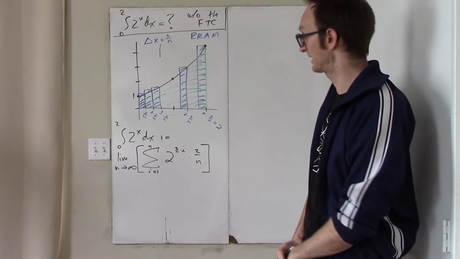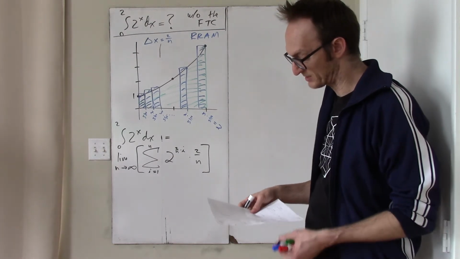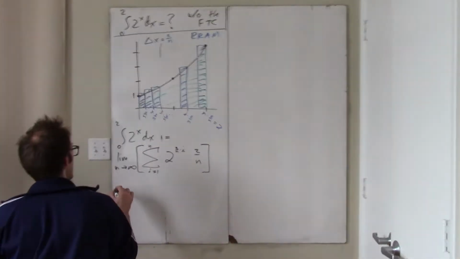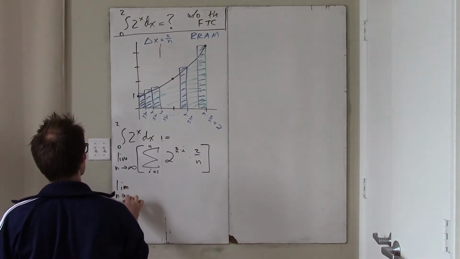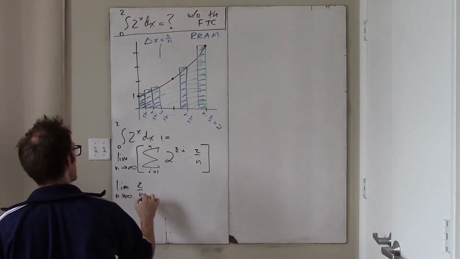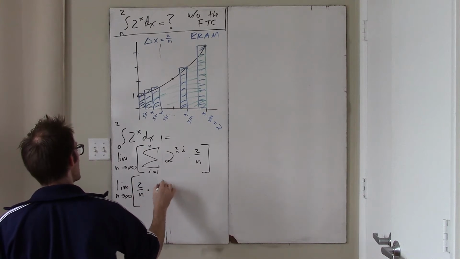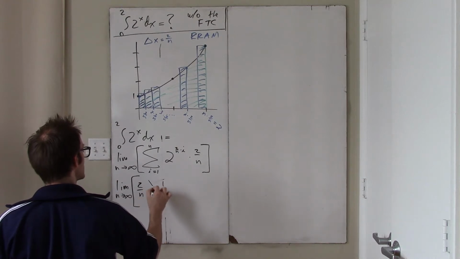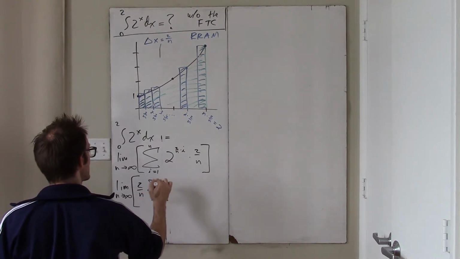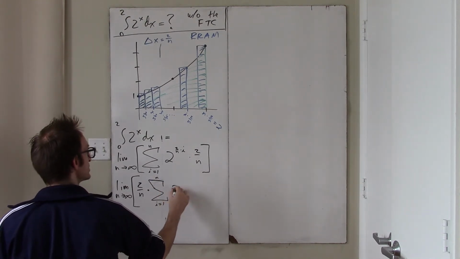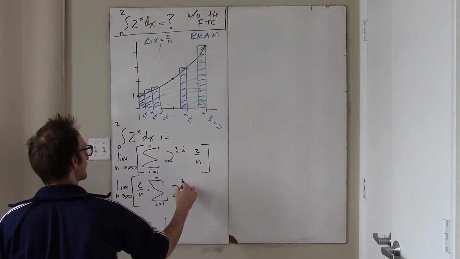And now the question is, can we do this, or do we just get trapped in some algebraic nightmare? And sort of shockingly, the answer is yeah, we can do this. So we take the limit, as n goes to infinity, of, let's see, I'll pull out the 2 over n, leaving me with times, and now the thing in the video that suddenly gave me pause, and that I might be able to actually compute this, is that this is 2 to the 2 over n i.